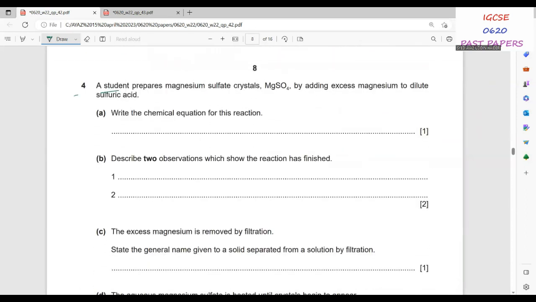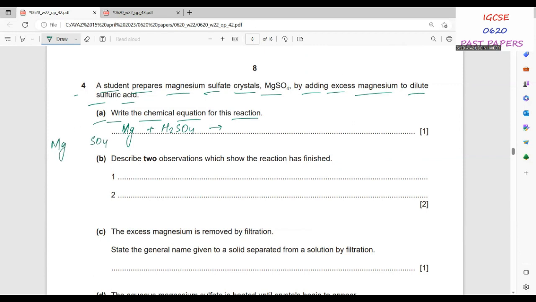Number 4, a student prepares magnesium sulfate crystals, MgSO4, by adding excess magnesium to dilute sulfuric acid. A, write the chemical equation for this reaction. It's a reaction between magnesium, Mg, plus sulfuric acid, H2SO4. The salt will be sulfate of magnesium. Let's predict the formula between magnesium and sulfate ion.